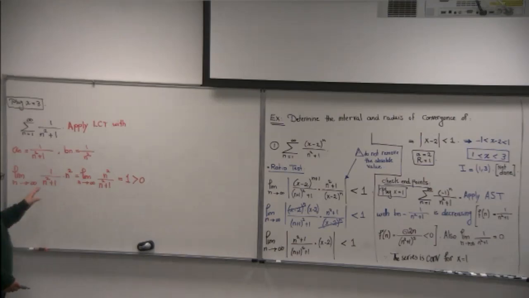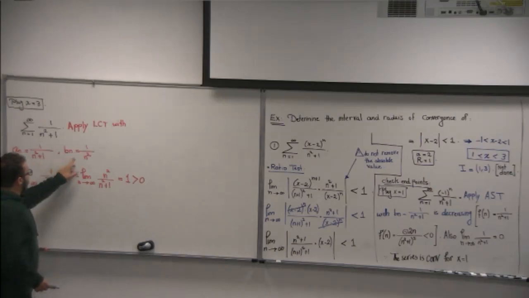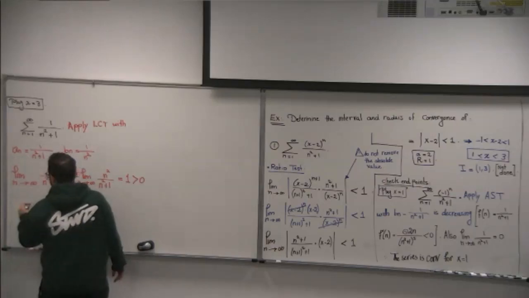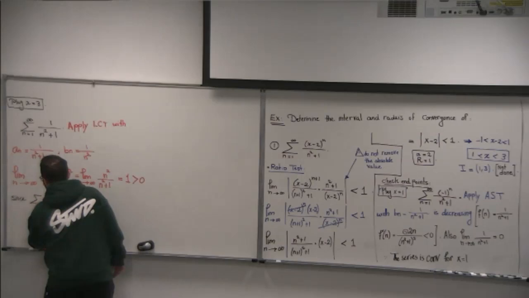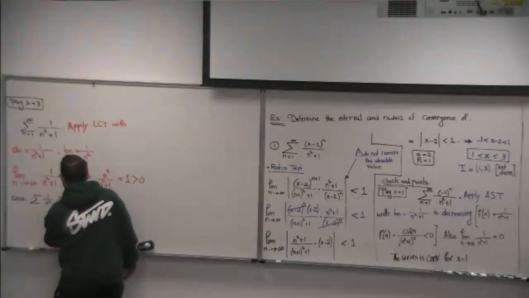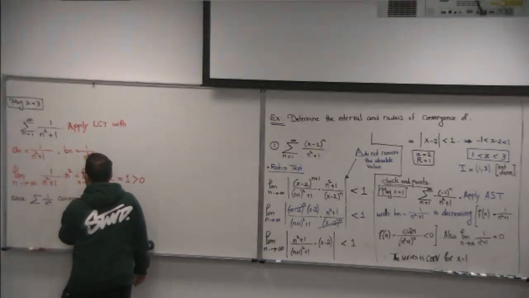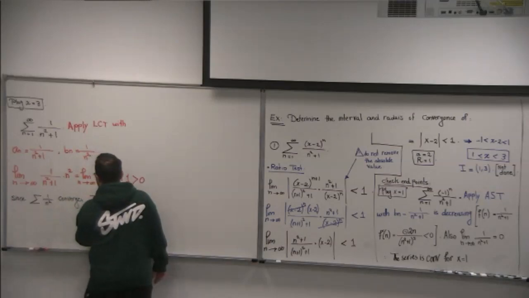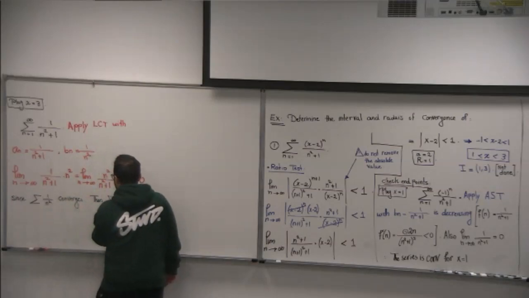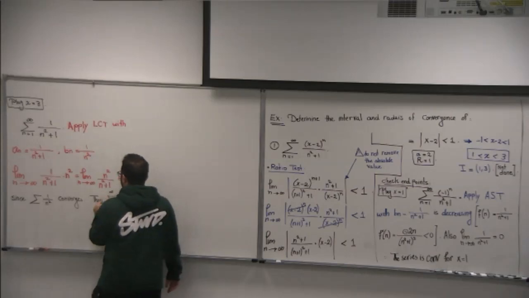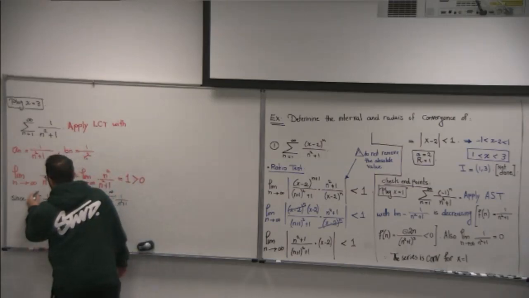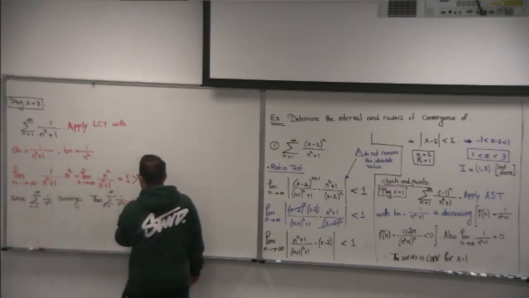So what does LCT tell me? That an has to behave like bn. So since the series of bn, which is 1 over n squared, converges, then the series of an here also converges.